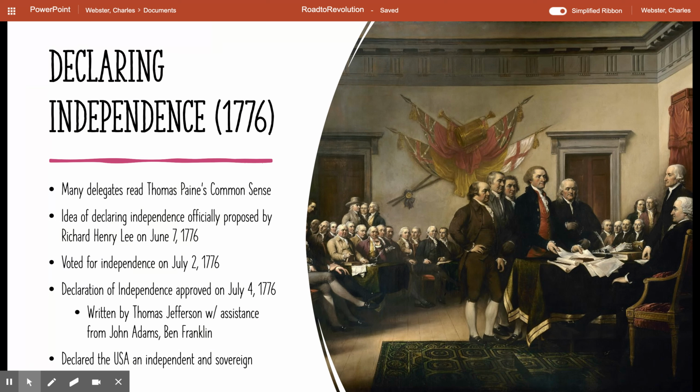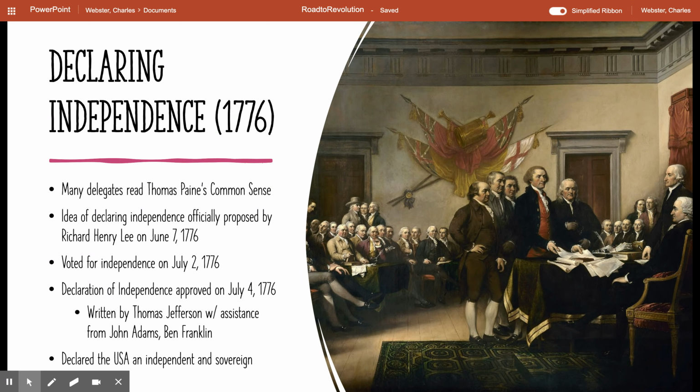So in 1776, the colonies declared independence. And as I mentioned in my previous lessons, many of the delegates at the Second Continental Congress had read Thomas Paine's Common Sense, right? Which had argued that the colonies were better off separating from Britain and forming their own country. Well, the idea of declaring independence was officially proposed by a man named Richard Henry Lee on June 7th, 1776.